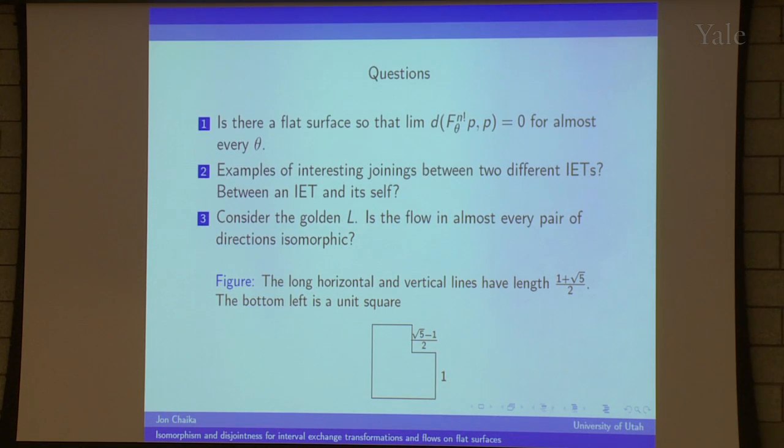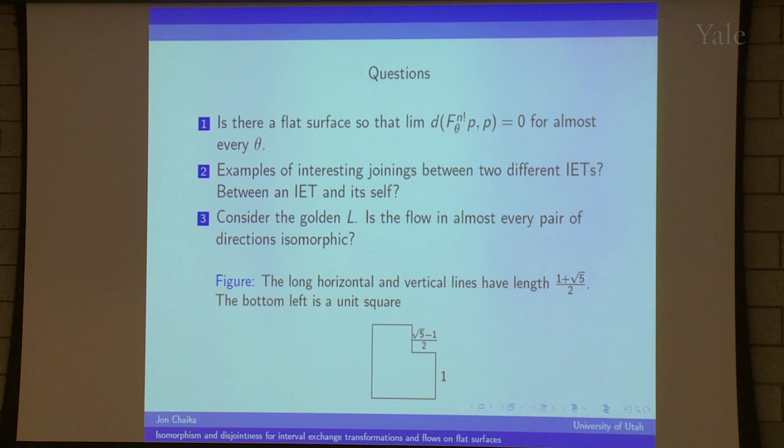So I'll wrap this up. Since you don't have questions, I have some questions for you. Some of these are kind of absurdities that I don't know how to answer, and I think they're great questions. Notice I was kicking out a density zero set of times. Even on the flat surfaces I talk about, I don't know what happens off of that density zero set of times.